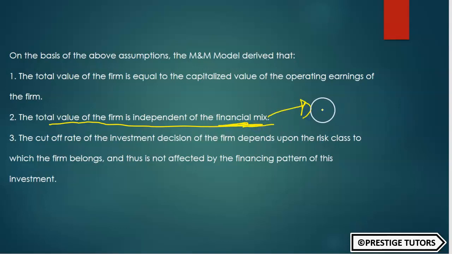Whether you use more debt to equity or more equity compared to debt, it has nothing to do with it. So the value of your firm will depend on the class of risk you belong to. It depends on how you are able to use your assets, your investment, to make more money. That is what they are talking about.